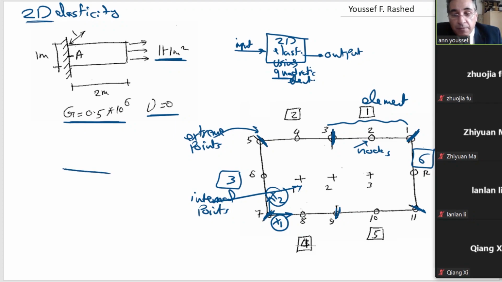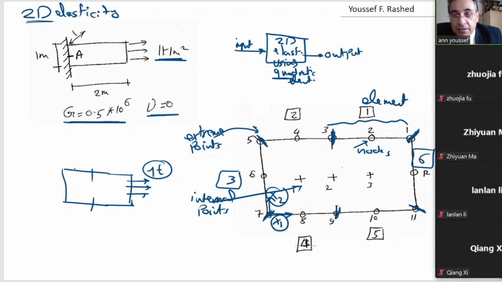So the summation of the forces, for example, this force will be 1 ton per meter square times 1 meter here times 1 meter inside the screen. So we'll get here 1 ton, or 1 kilonewton.